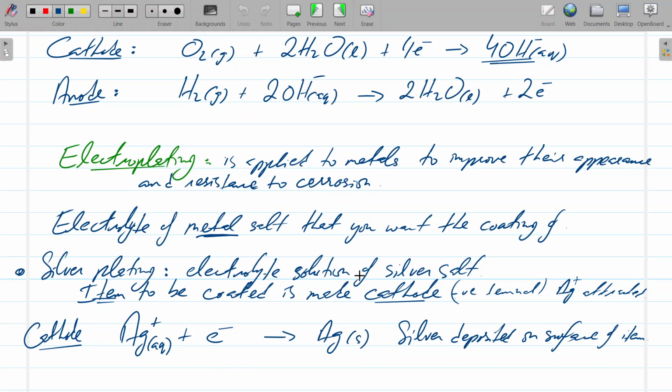And that's basically it. The anode is also made of the same metal. So not only is the electrolyte a solution of the metal salt that you want, the anode is also made of the same metal.